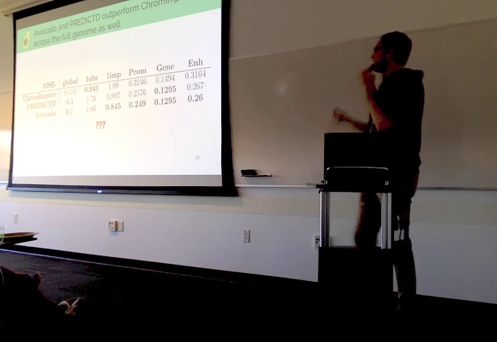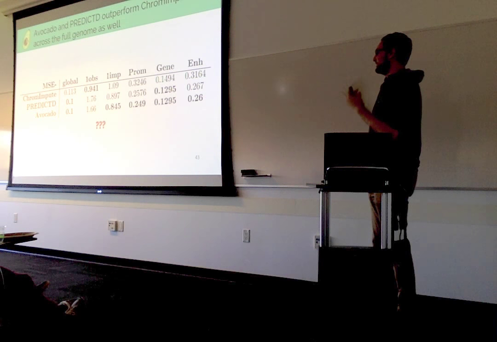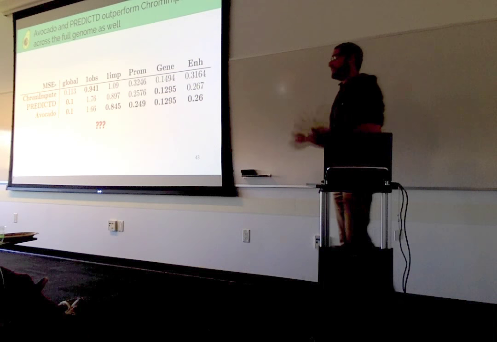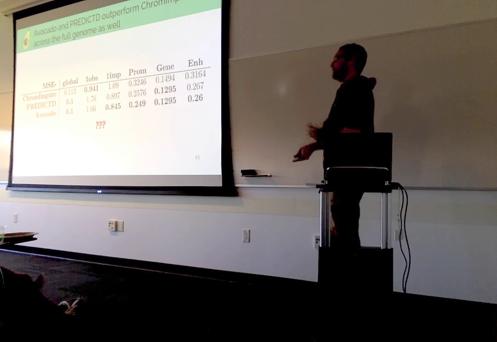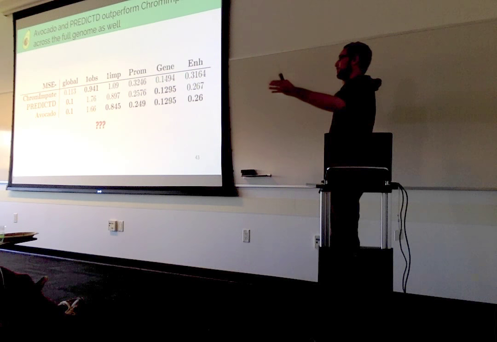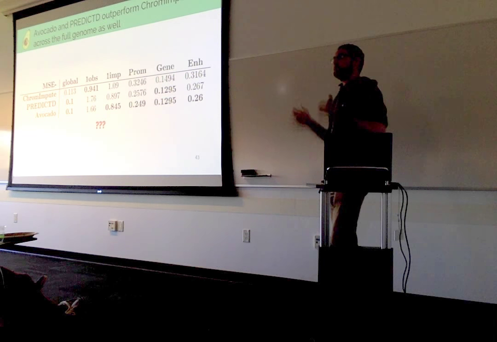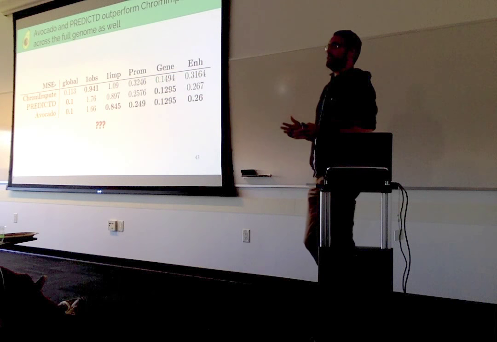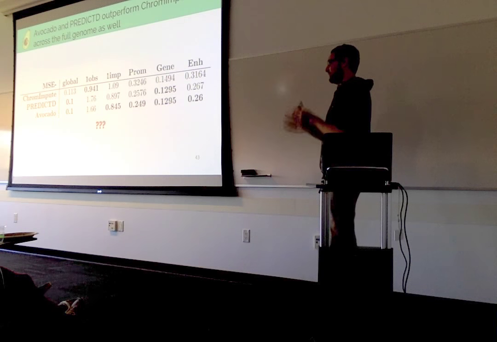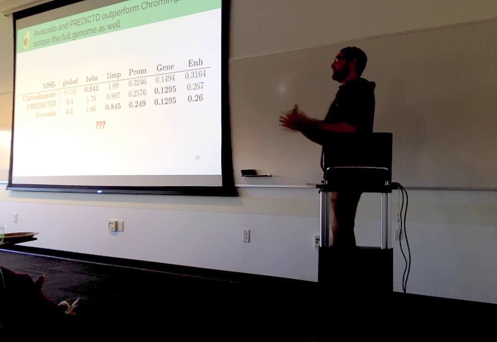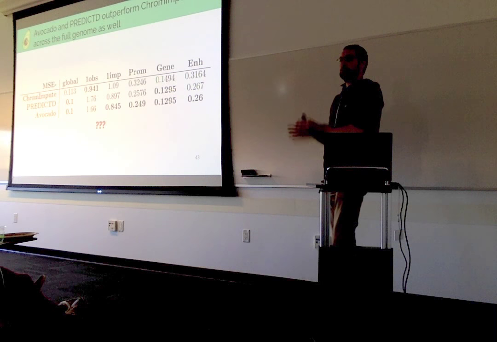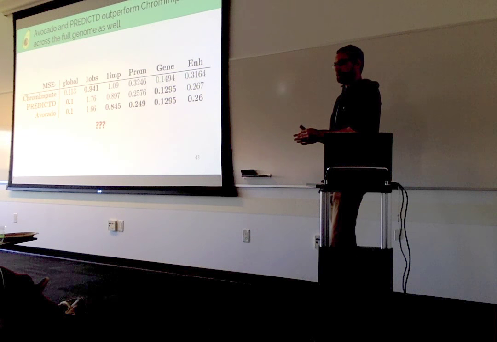And so my hypothesis was basically that these techniques are unlikely to just predict random peaks where nothing exists. What's much more likely is that in areas that are peaks in some cell types and not peaks in other cell types, they are unable to distinguish which cell types the peak exists in.